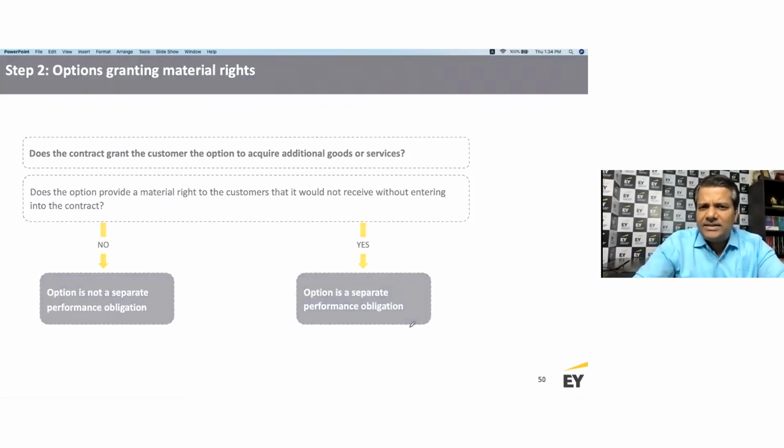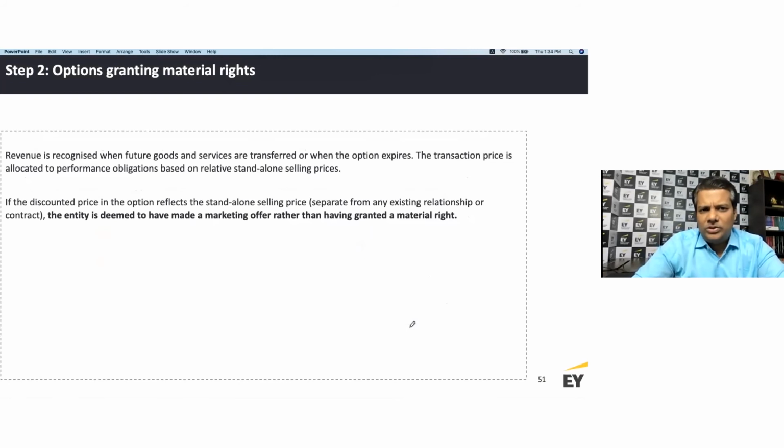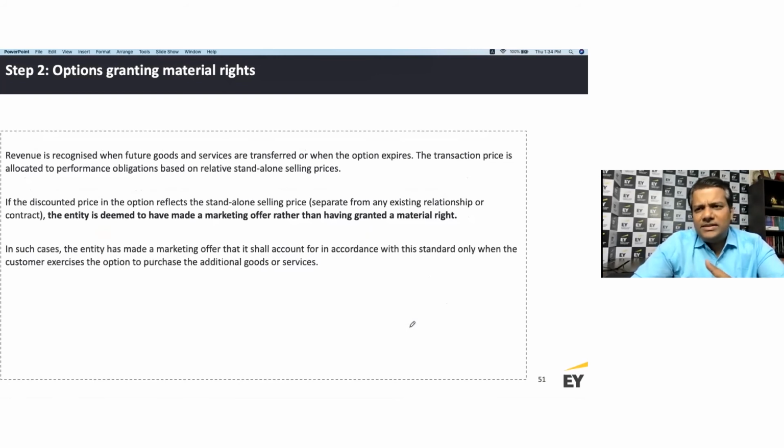So we'll try and understand this with the help of an example as well, right? In this situation, revenue is recognized when future goods and services are transferred or when the option expires. So you've got to again evaluate the fair value of the option. The option itself becomes a separate performance obligation, right?